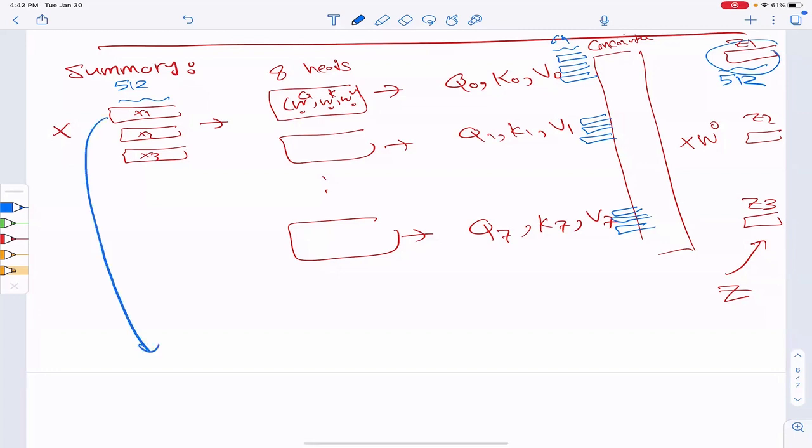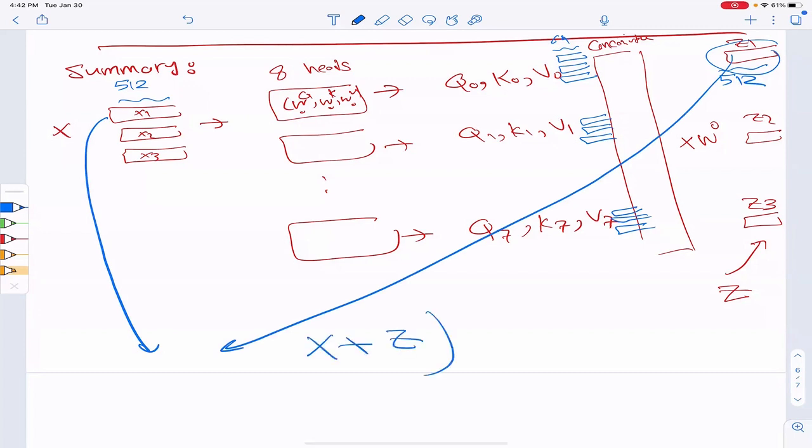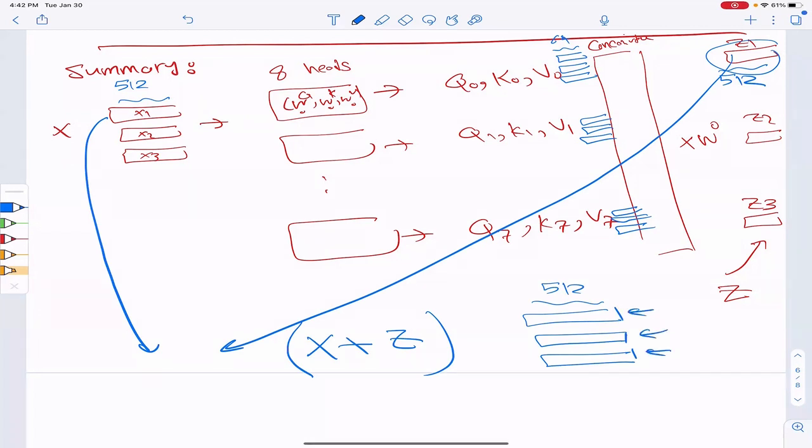So that's the residual layer. So you have X plus Z. So you get these vectors, again, 512. And if you wish, you can do some row normalization, or it's called layer normalization, but that's not really important. It just makes each row, roughly speaking, 0 mean and unit variance.